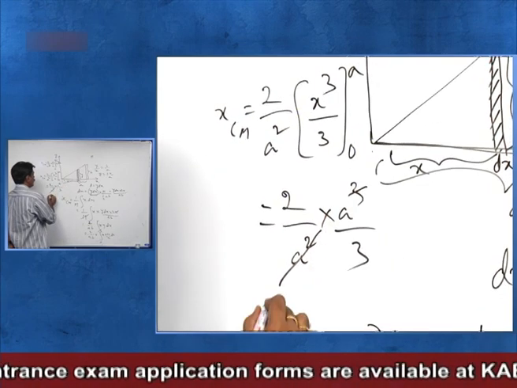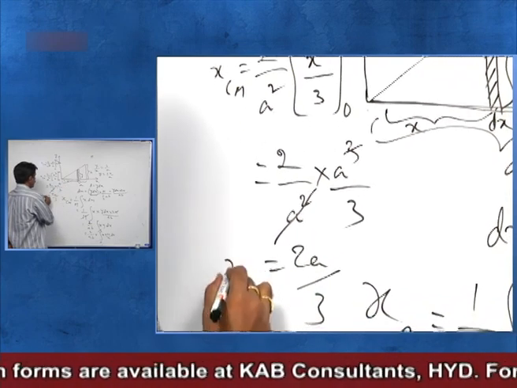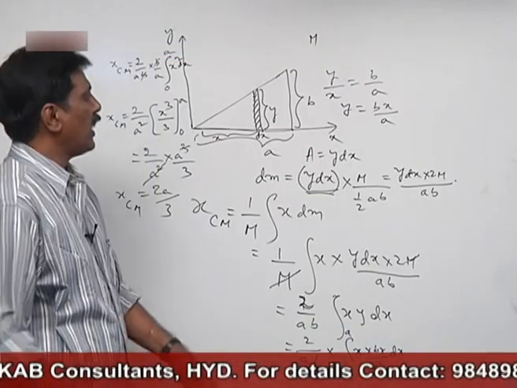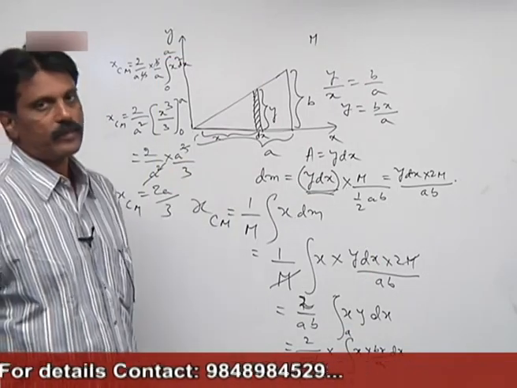This gets cancelled, and this is equal to 2A by 3. So the x center of mass for this triangle is 2A by 3.